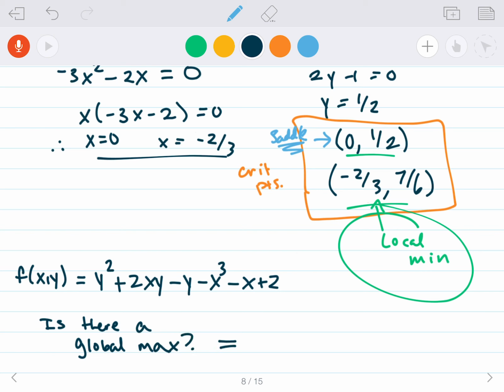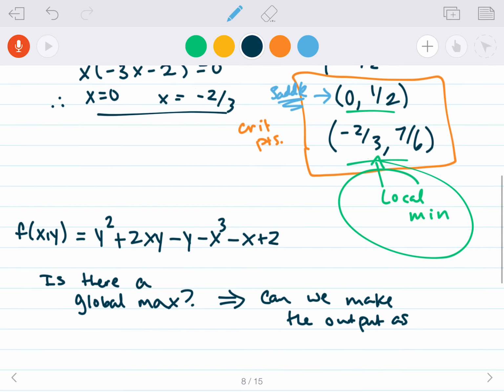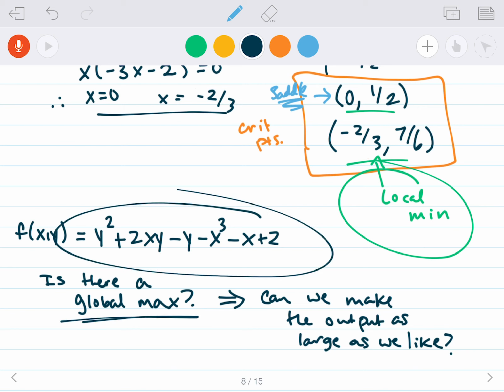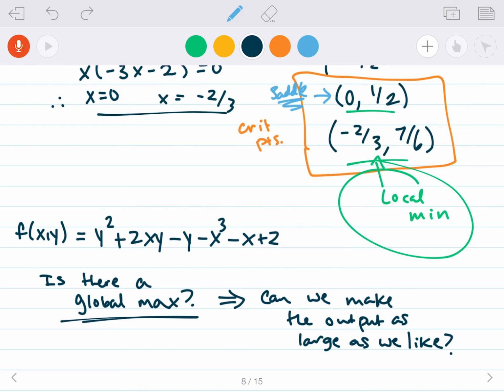What you're asking yourself is, can we make the output of the function as large as we like? And if we can, then the answer is no, there is no global max. If we can make this arbitrarily huge for some values of x and y, then there's no global max because this thing is going to go to infinity. It's unbounded.